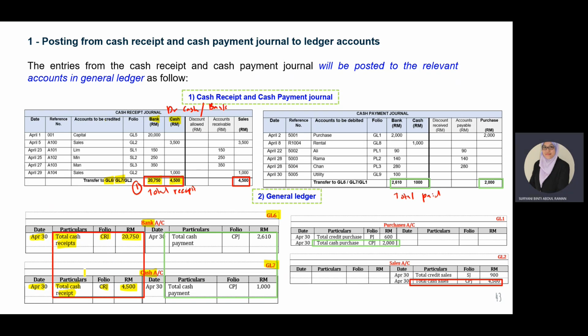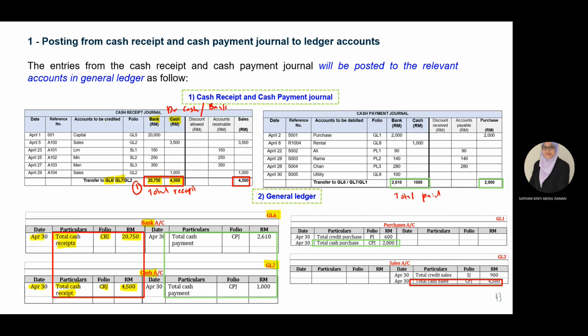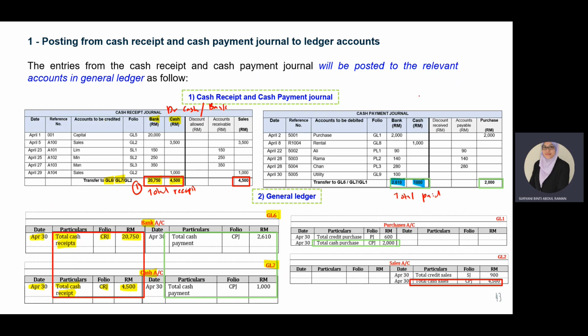Okay, next is to record the total paid. We use a different color to differentiate it. Okay, we have 2,610 and 1,000. As for the cash payment, these accounts need to be credited because when you pay, you record the amount of resources that you paid and the cash or bank will be credited.